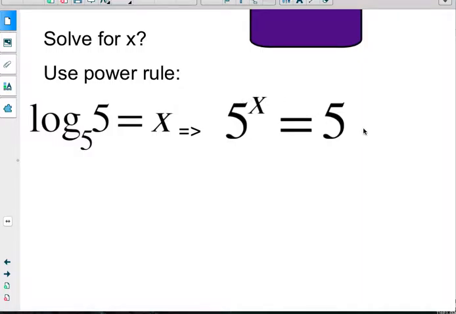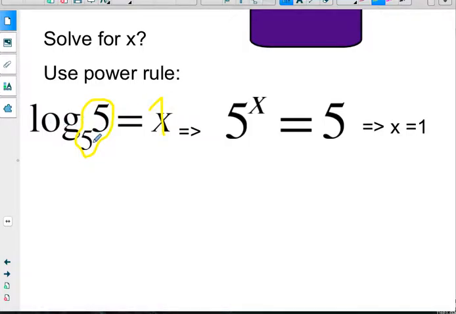Now we're going to evaluate it for x. With simple mental math, you can see 5 to the power of what gives you the same number, 5? So x is 1. Of course x has to be 1, because when the base and the argument are the same thing, the answer of the log is 1.